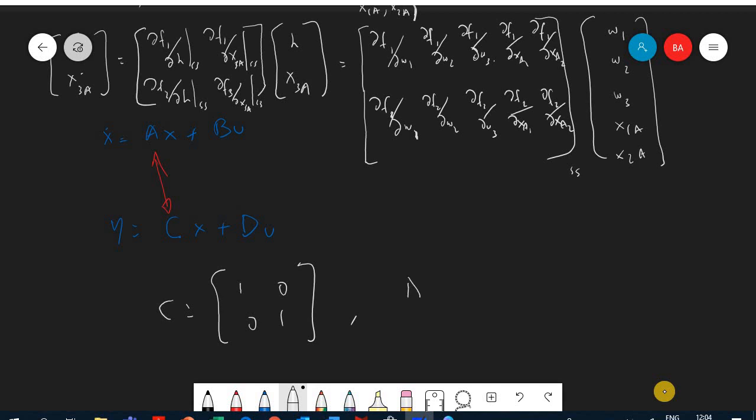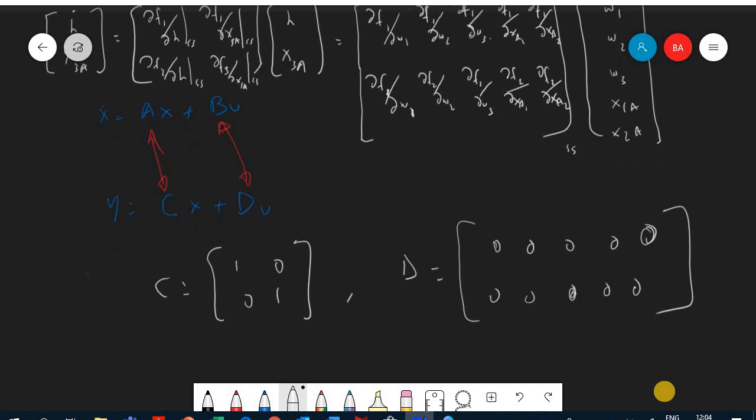And in this case my D is a big one, so my D should be like my B. D and B sound similar sometimes. D here is going to be all zeros, so 1, 2, 3, 4, 5, 6, 7, 8, 9, 10. This is my D.